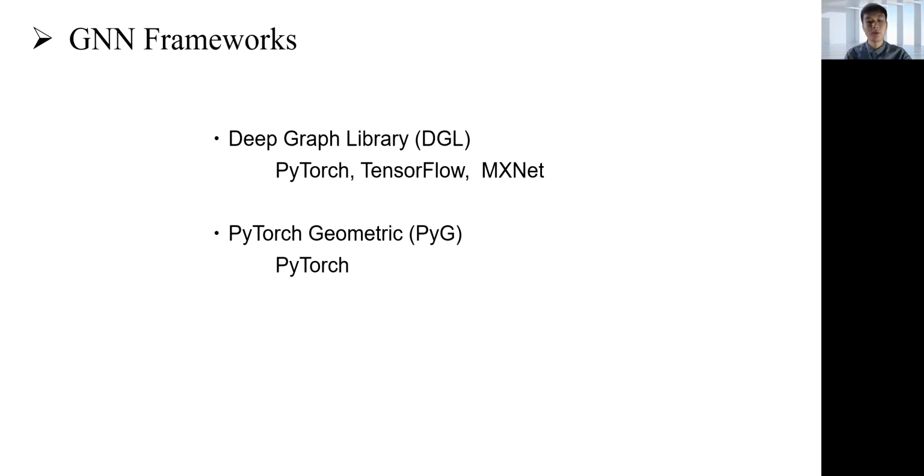Since PyG only supports the PyTorch framework, many operations can directly use the more efficient APIs provided by PyTorch, and DGL supports multiple deep learning frameworks, so many operations are implemented by themselves, which may affect the performance of DGL to a certain extent.